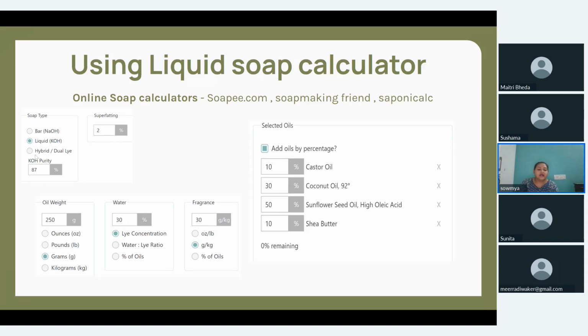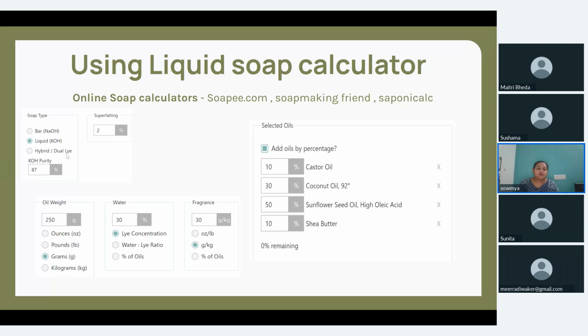And also they have this option of the purity of your KOH. With the soap calc that we usually use, it only displays 90 percentage potassium hydroxide. It doesn't allow us to change the purity of our potassium hydroxide. But the potassium hydroxide that I was able to find was only 85 percentage pure.